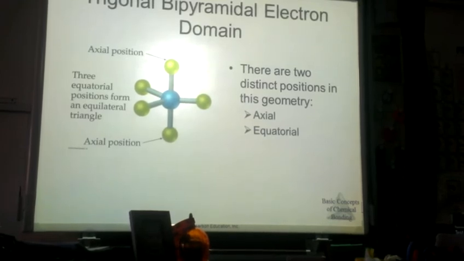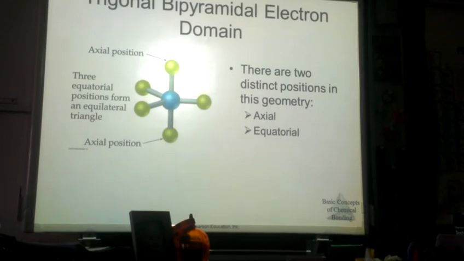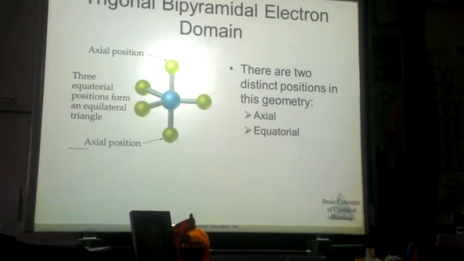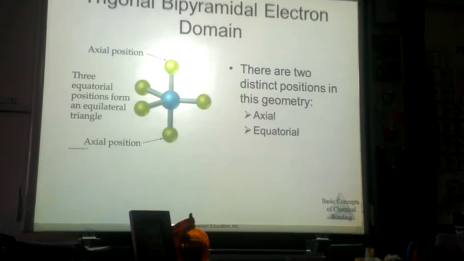Non-bonding domains will always occupy an equatorial position in the shape. Ultimately, if I have a non-bonding pair, I'm going to see it coming from one of the positions forming the equilateral triangle first, because it minimizes the electron repulsions, since non-bonding pairs exert a larger repulsion, okay?